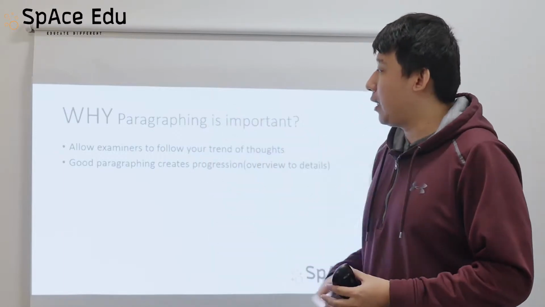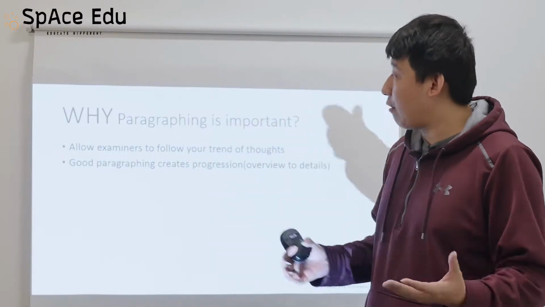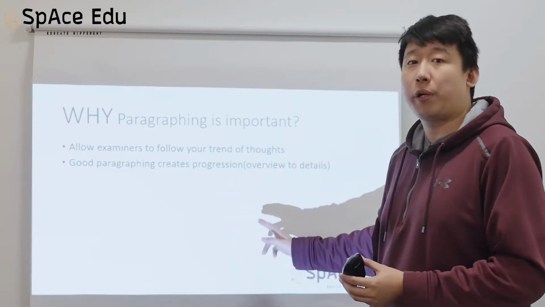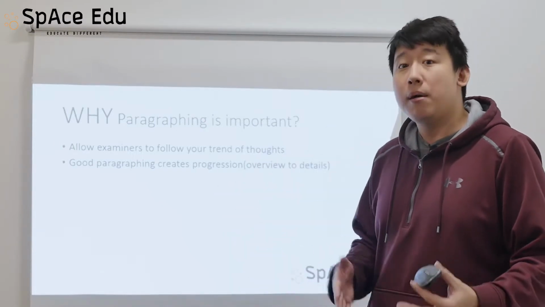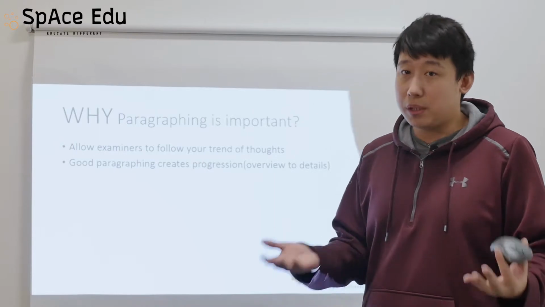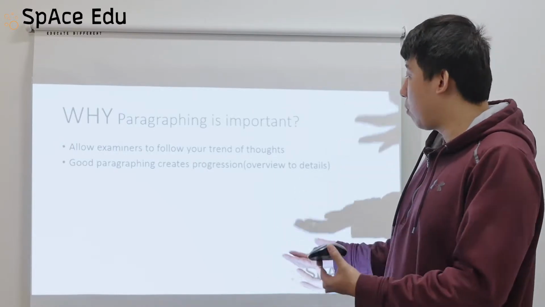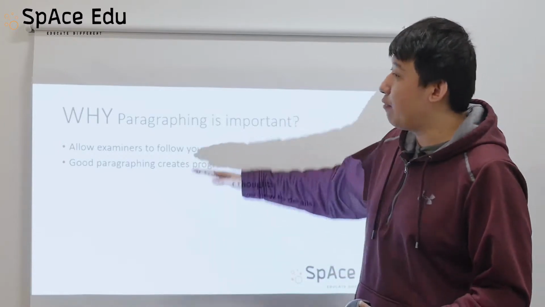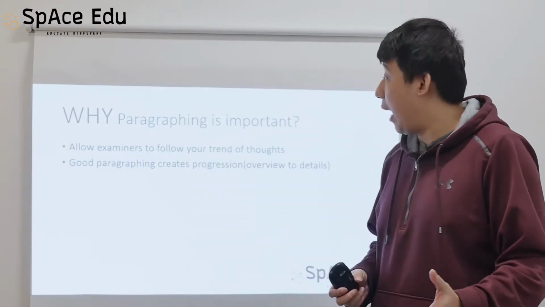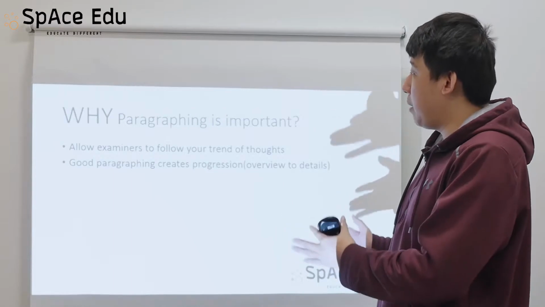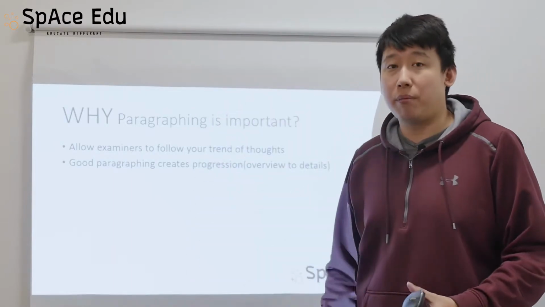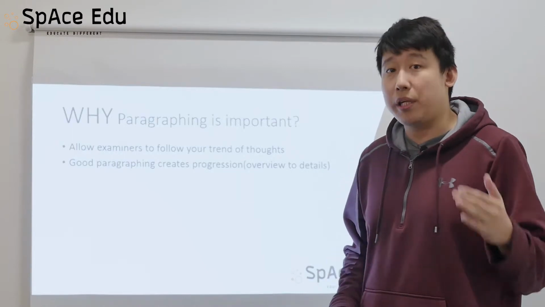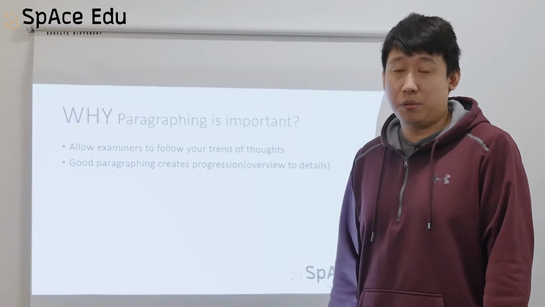The second one is that good paragraphing creates a progression. This is also required in the writing rubric, right? You have to be able to clearly progress or organize your train of thoughts, your ideas. In this way, if we do really well in the paragraphing, we're going to be able to present really clear information and organization for examiners so that you can get a really good score in IELTS writing task 1.